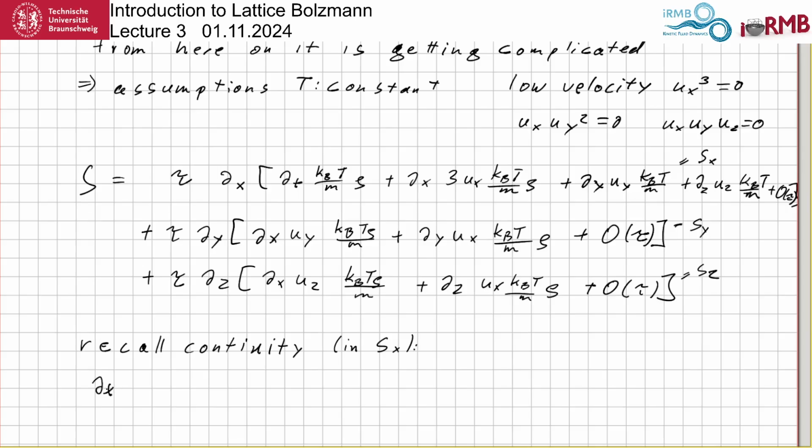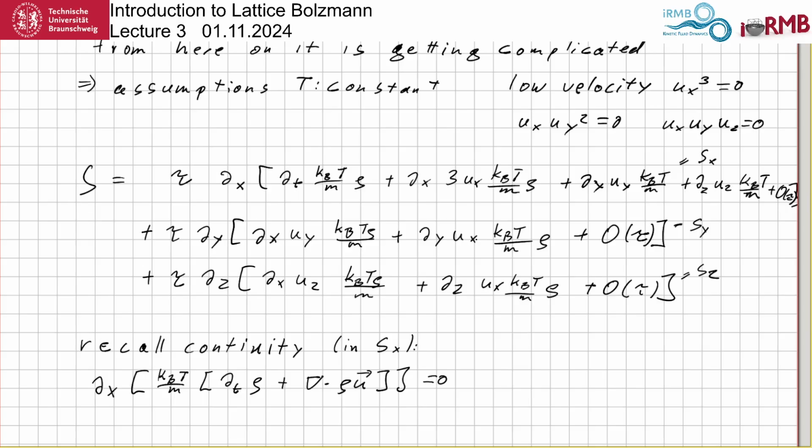So we take dx of k Boltzmann T divided by m times dt of rho plus the divergence of rho u. And this is equal to 0.